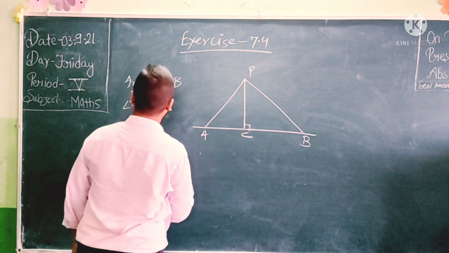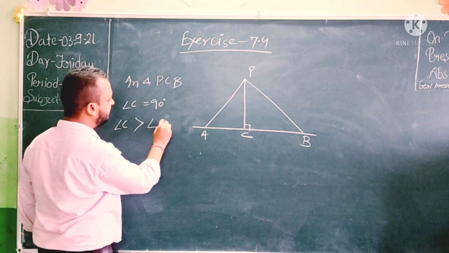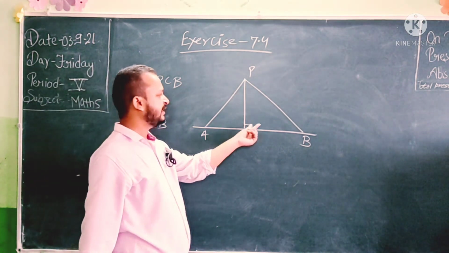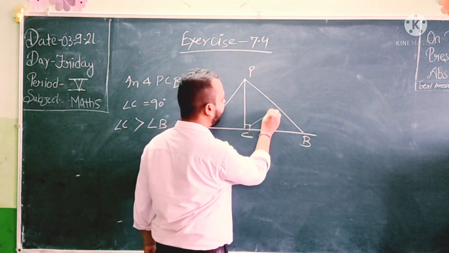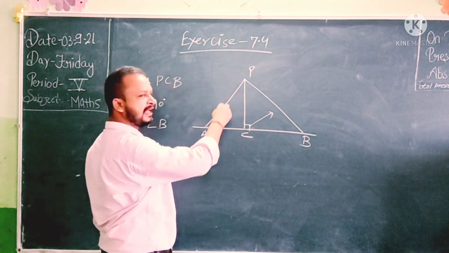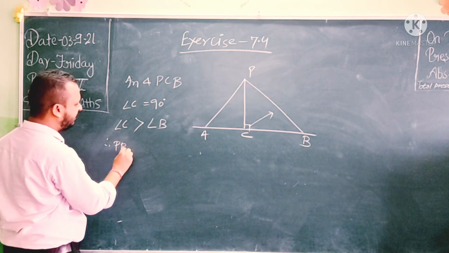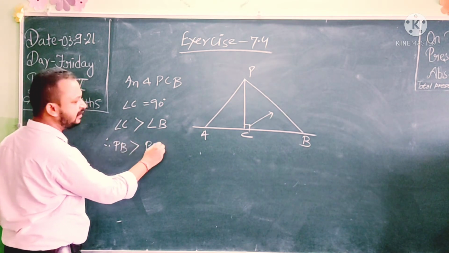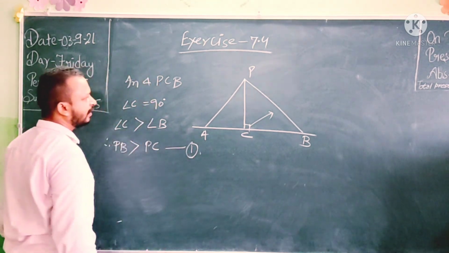So angle C is greater than angle B. If angle C is greater than angle B, it means PB is greater than PC. Therefore, PB is greater than PC. Right? So suppose this is equation 1.